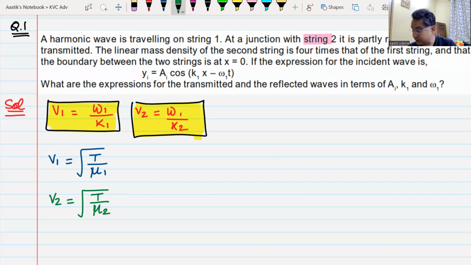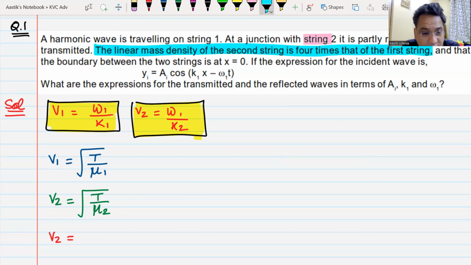So what is the value of V2 in terms of V1? You can find out the value of V2 in terms of V1. It is given that the linear mass density of the second string is 4 times that of the first string.